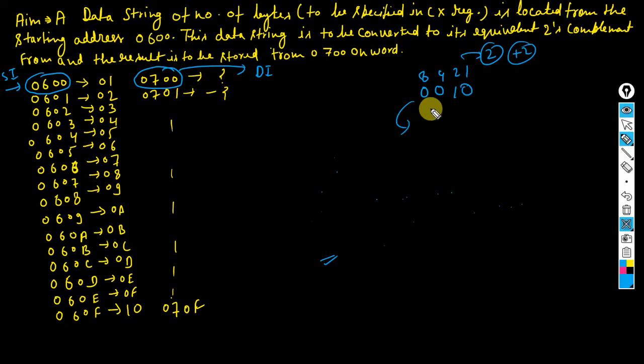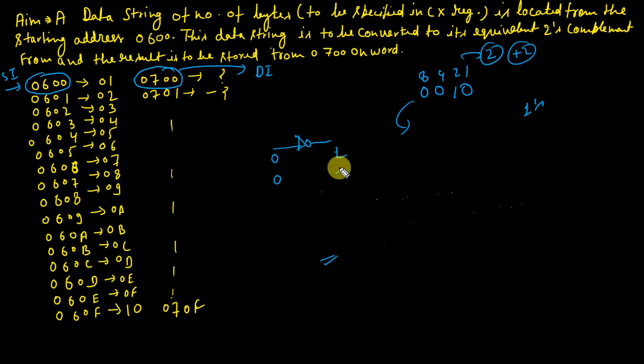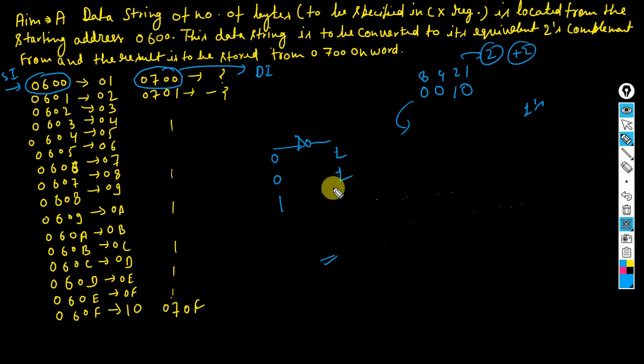First find the one's complement of this number. One's complement means you pass each bit through a NOT gate. Pass 0 through this gate, you get 1. Pass 0, you get 1. Pass 1, you get 0.